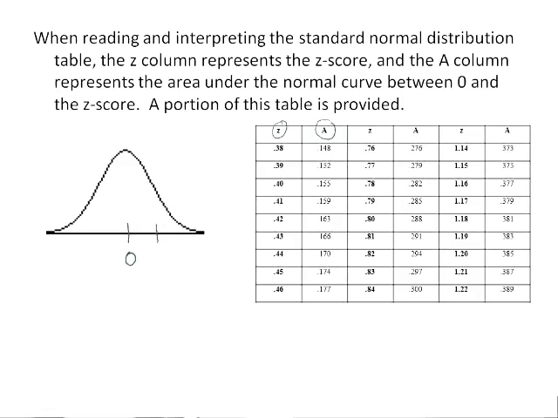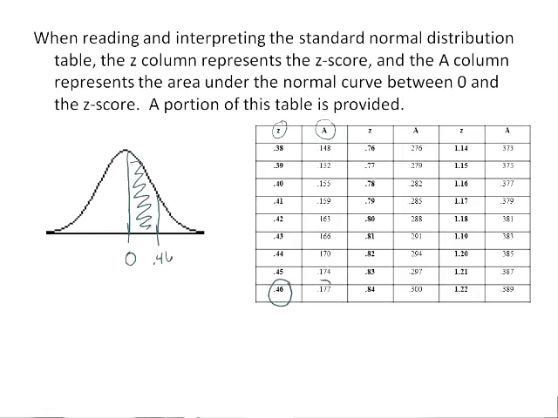If we're looking for the area underneath the curve between 0 and, let's say, 0.46, let me shade in the area that we're looking for. It's all the area in between those two values. The table will give us that area. Look in the Z column for a Z-score of 0.46, and it occurs right here.